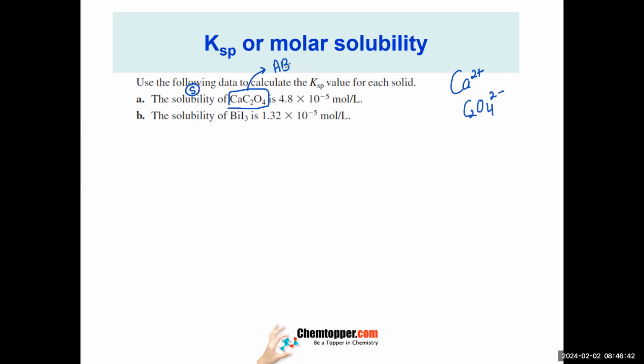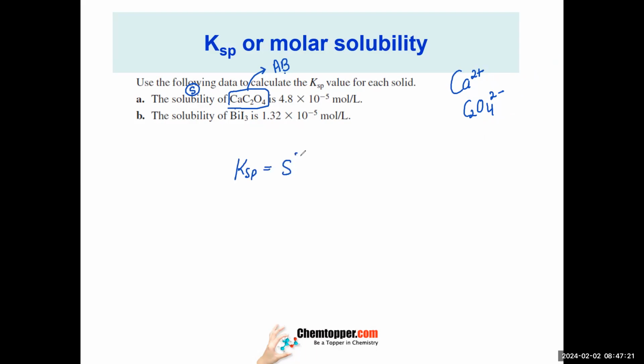I'm not asking you to memorize, I'm asking you to practice it. Can you tell me the name of this ion? Oxalate. AP is not asking you to memorize anything, but it's important to visualize the compound. You should know that it is AB type. So what is the Ksp expression for AB type?